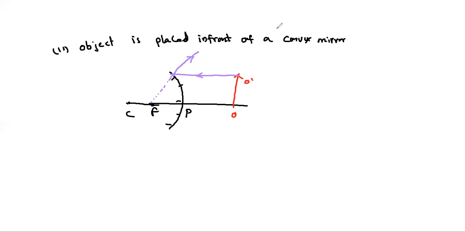Now, for better understanding, I will take the incident ray which is passing through the optic center. Optic center is nothing but center of curvature. The ray which is passing in the direction of the center of curvature, after reflection, will retrace its actual path. In the opposite direction, you will get the reflected ray. See, these two dotted lines are representing construction rays only.